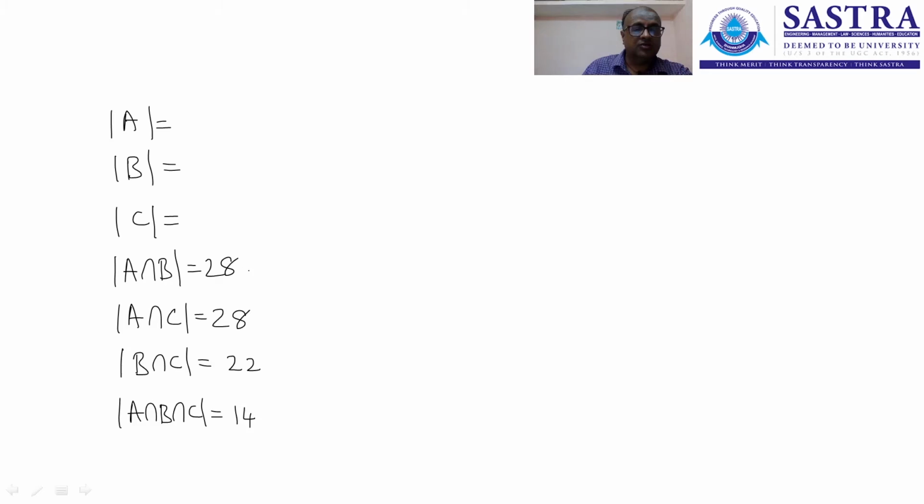A represents sports, B represents films, and C represents news. C is 94, B is 58, and A is 64. Now what is required here? Let me write here.